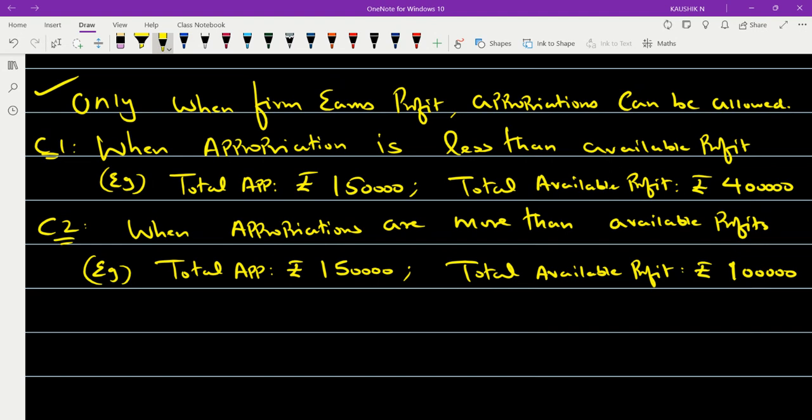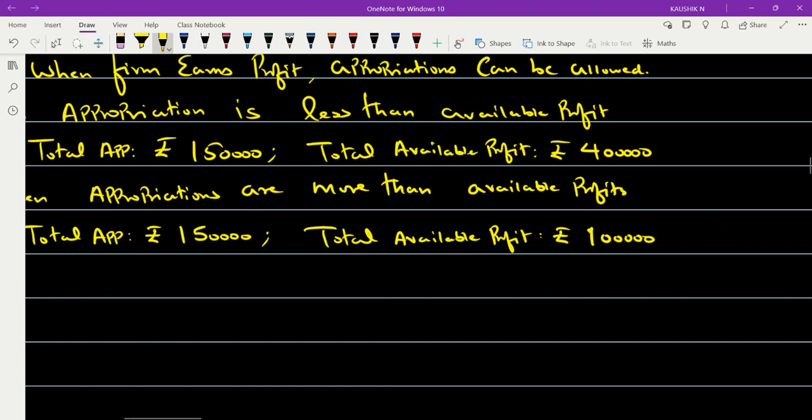Appropriations, when there are in the question, will be allowed, provided there should be a profit and there should be a partnership deed. But in that there are two different cases or conditions which have to be checked out. Whether your appropriation is less and profits are more, or whether appropriations are more and profit is less. If you come in the category where appropriations are less and profits are more, there is no issue at all.